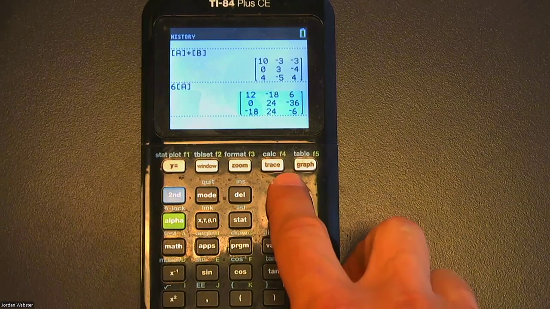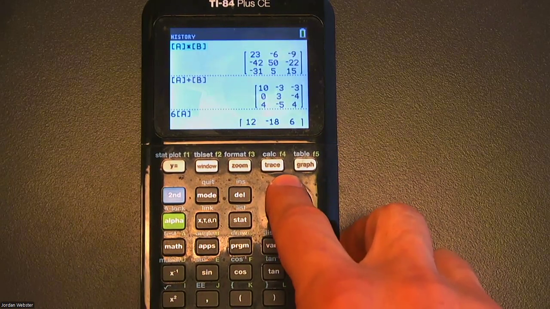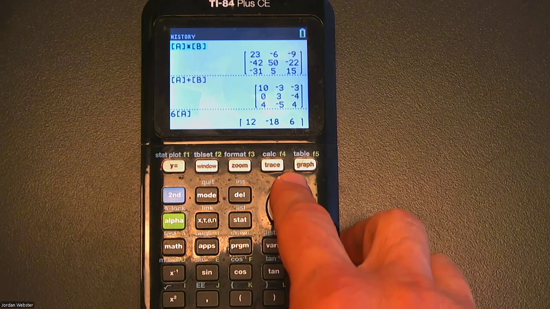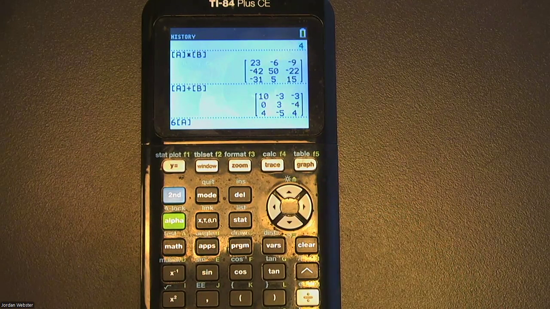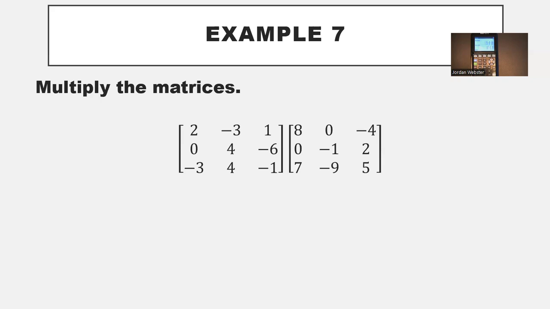I can do any of those operations that we've just done by hand on my calculator. Does that make sense? And that's always a good way to check that we've done things correctly.